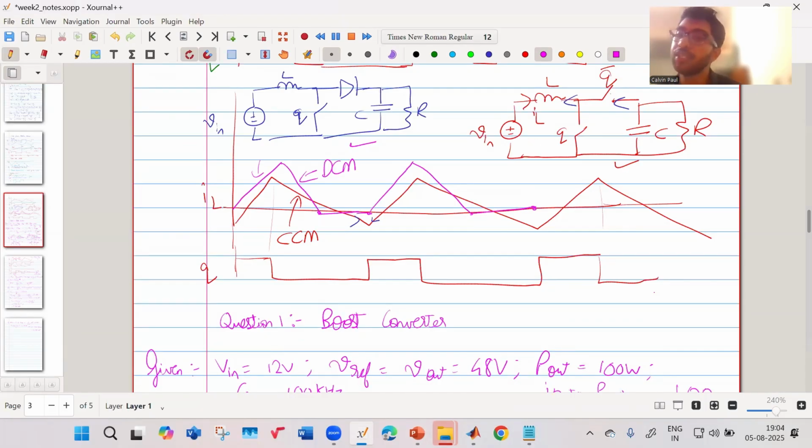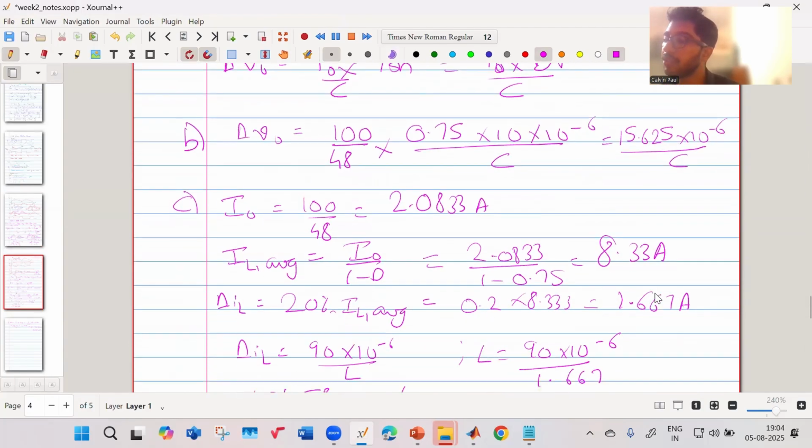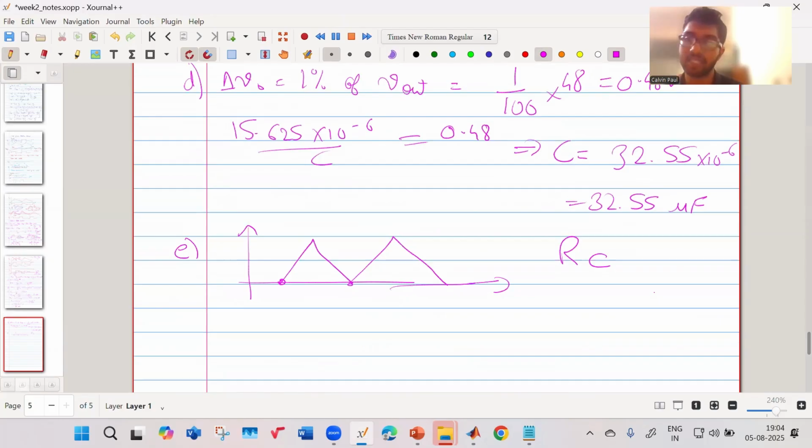But before going to DCM, there is a mode known as CRM. In CRM, your current will start at 0 and fall back to 0, again start at 0 and fall back to 0. This happens at a resistance which is your critical load resistance RC.